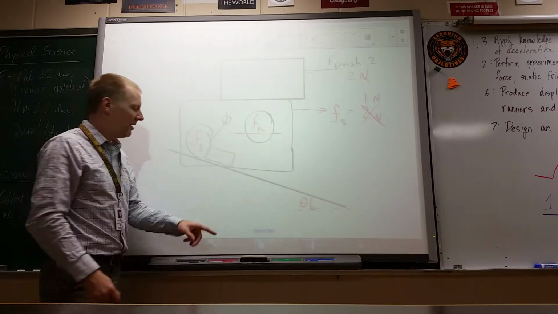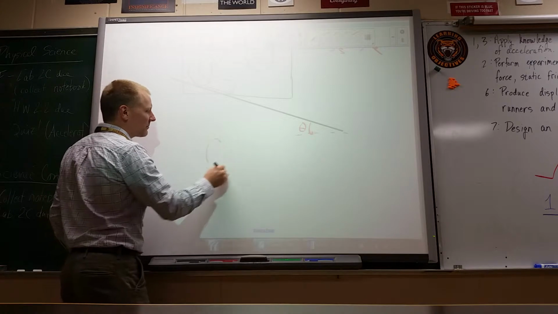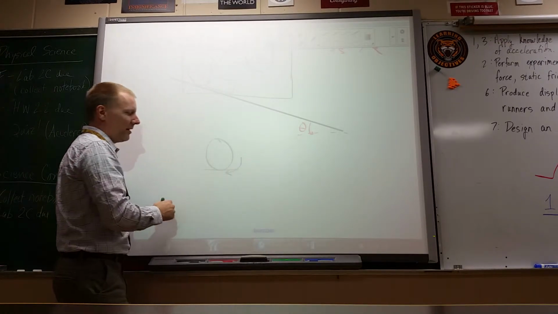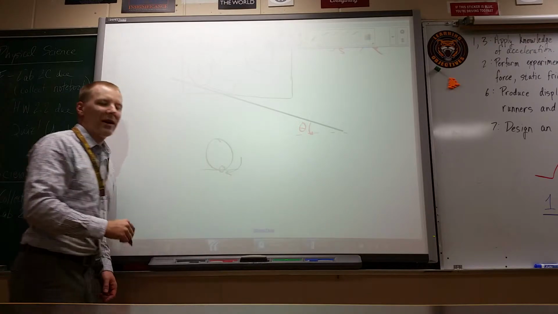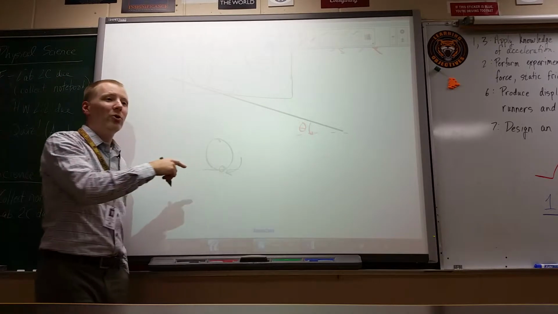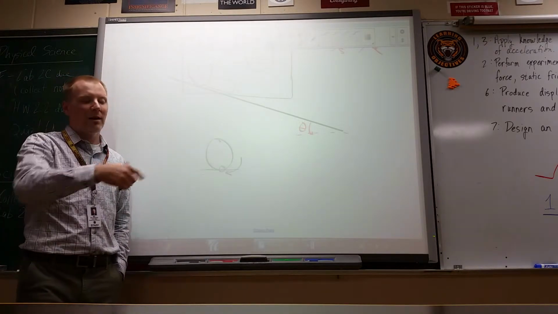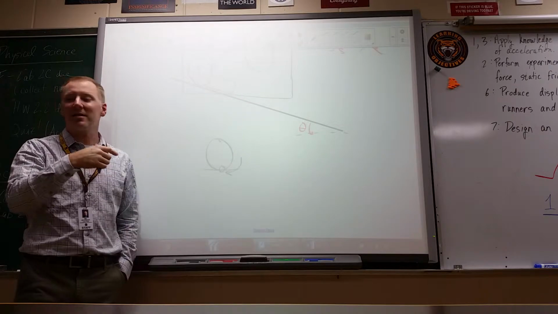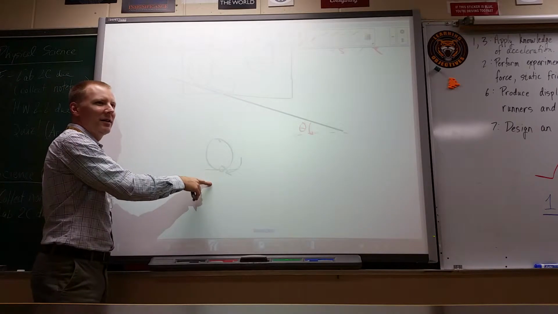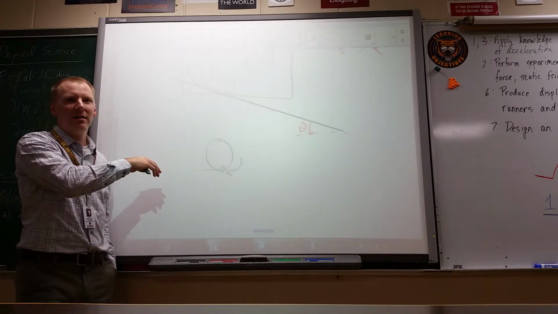When something's rolling, think about that. If something's rolling here, there's only one point of contact between the wheel and the surface. And as this is rolling, it's a new point. So this wheel operates only with static friction. That's how it transfers force from your car into the ground or vice versa.